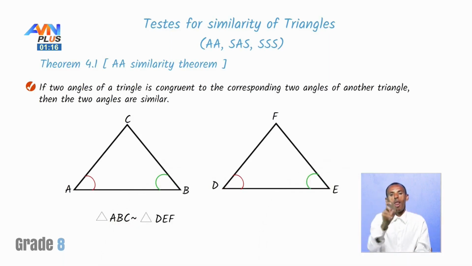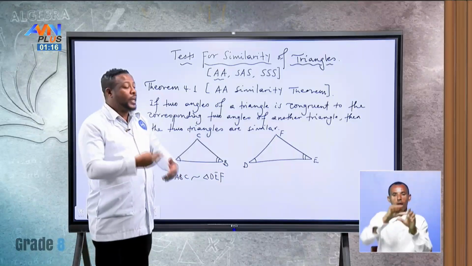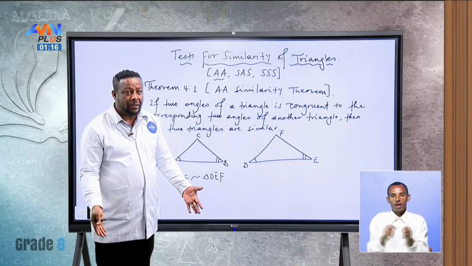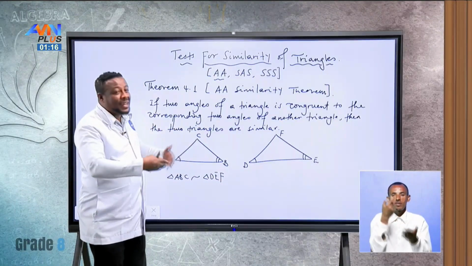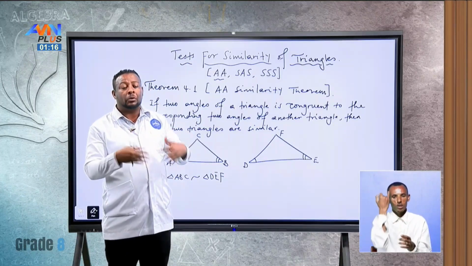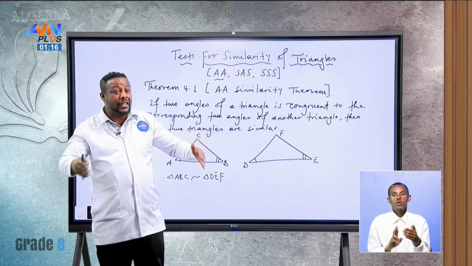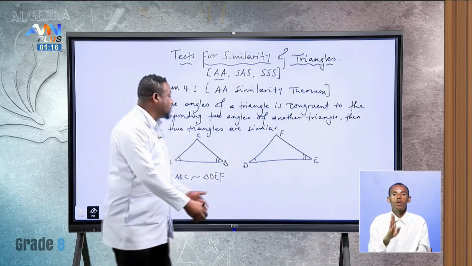So we need two congruent angles to say the two triangles are similar, right? Then you can directly apply the concept of proportionality. The ratios of the corresponding sides must be equal.